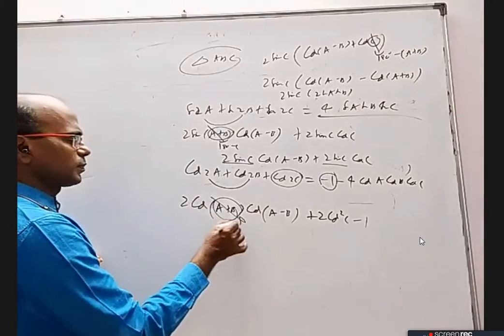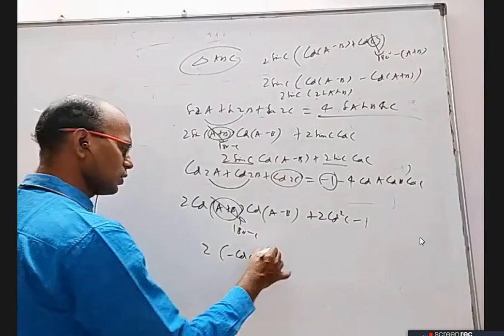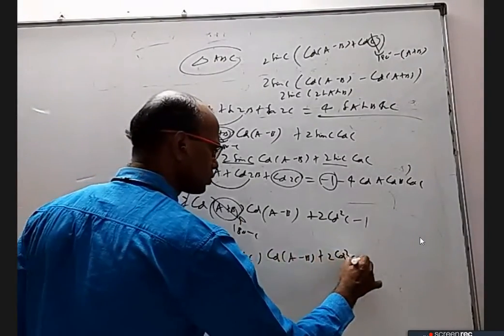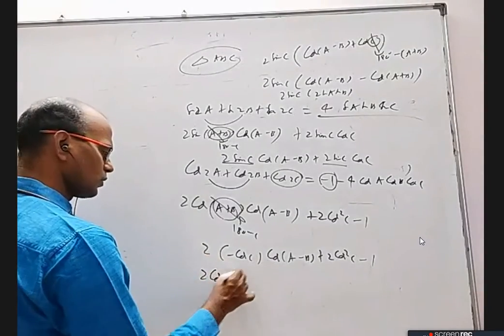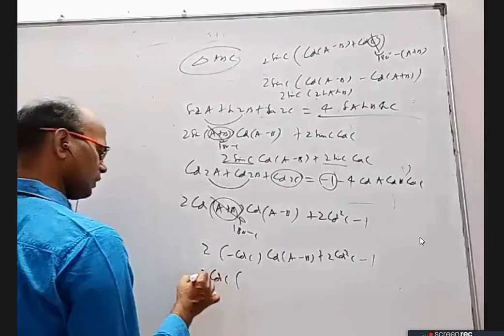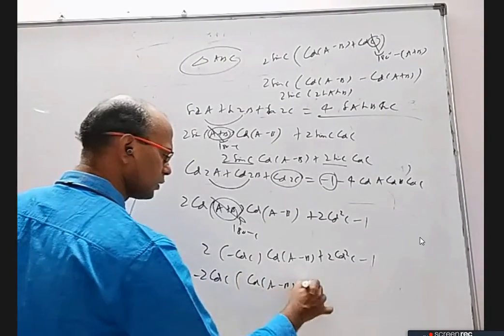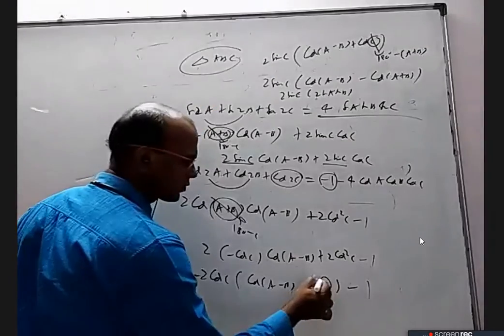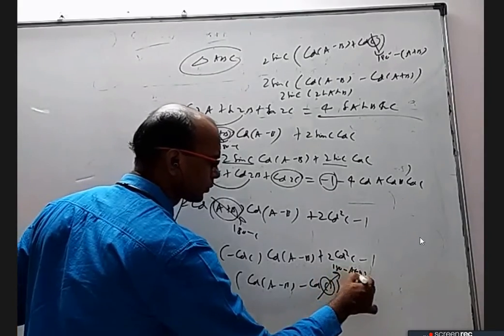So I can write a plus b as 180 minus c. It will be minus 2 cos c cos a minus b plus 2 cos square c minus 1. But 2 cos c will come common. I can even take minus also common. I will get cos a minus b minus cos c, minus 1. In the place of this c, I can write 180 minus a plus b.